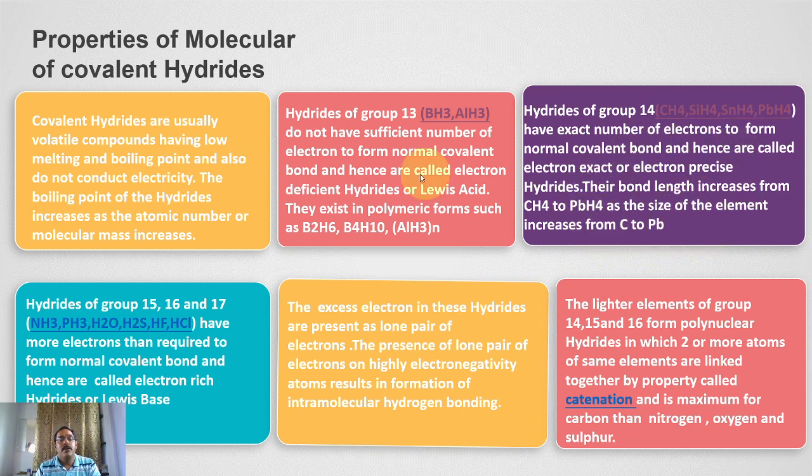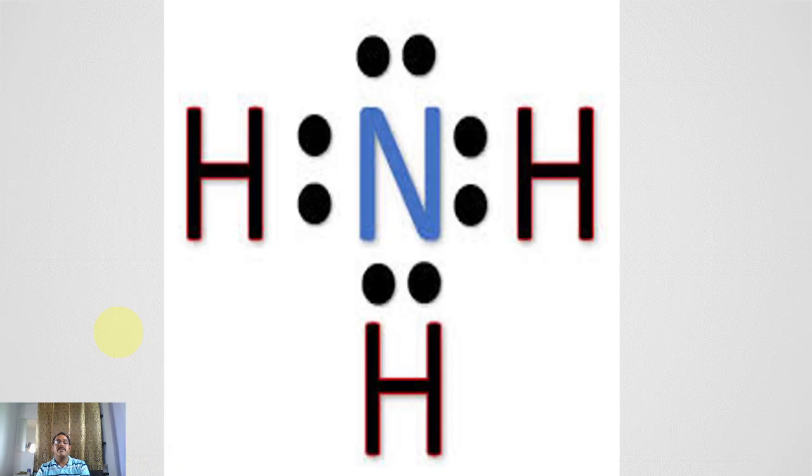Okay, so we'll go to the fourth point. Hydrides of the next higher group like nitrogen, phosphorus and so on have more electrons than required. They are electron rich. Since they are electron rich, they may donate electrons, which we call a Lewis base. Let us understand with the structure. You see for nitrogen, it has formed 3 bonds with hydrogen and this pair is in excess, which does not involve in any bond formation.